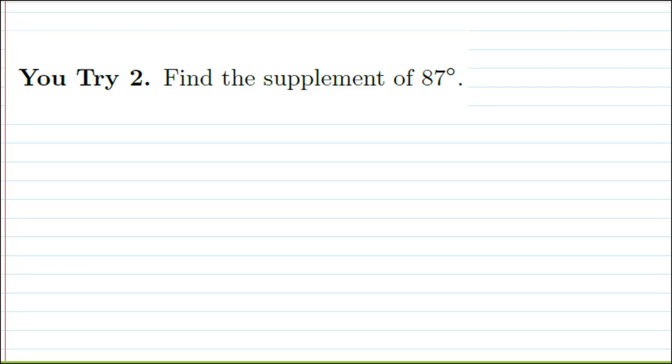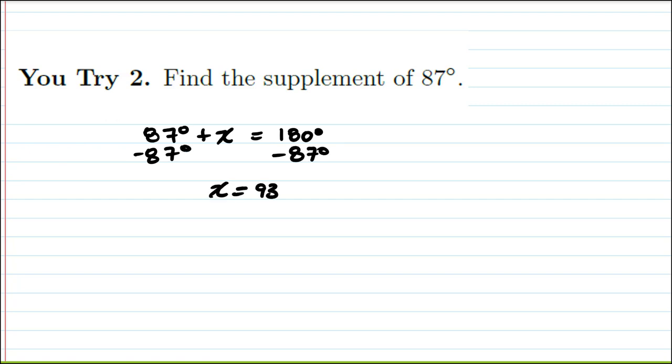All right, so to find the supplement of 87 degrees, we need to find an angle, x, when we add it to 87, that gives us 180 degrees. So we minus 87, and we get x is equal to 93 degrees. So the supplementary angle to 87 degrees is 93 degrees.